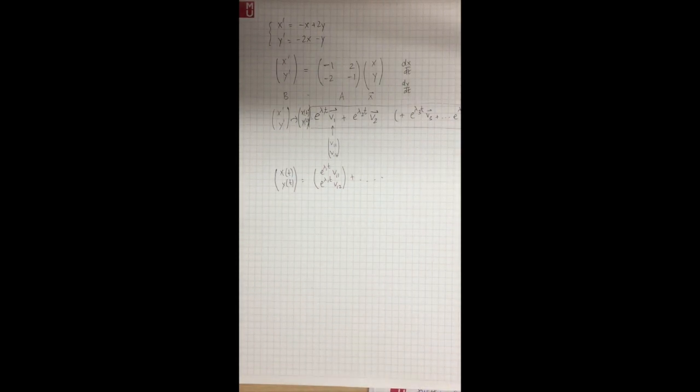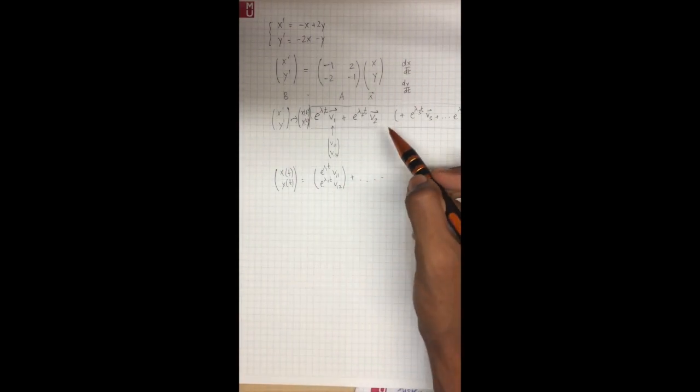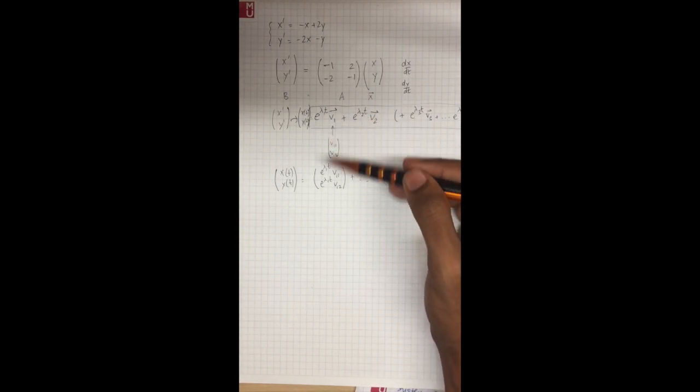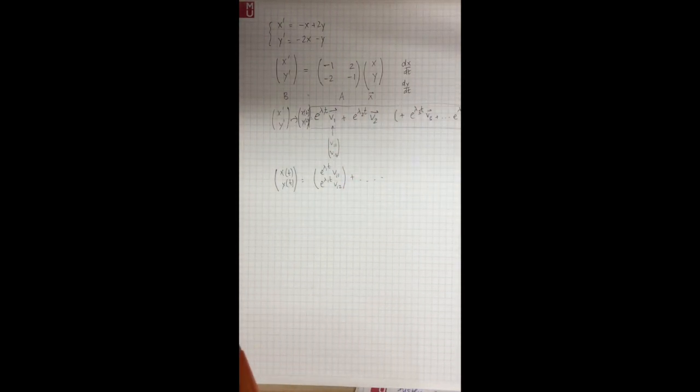So that's how my solution is going to be formed. This is why eigenvectors are very important, because for a 2 by 2 we can do it this way. So think about it: if we extend our analysis to an n by n matrix, more than a 2 by 2 system, we could still proceed with the eigenvalue and eigenvector method, and we can get a good solution for it.